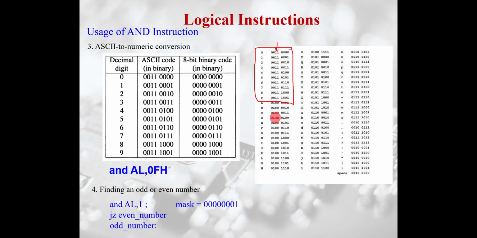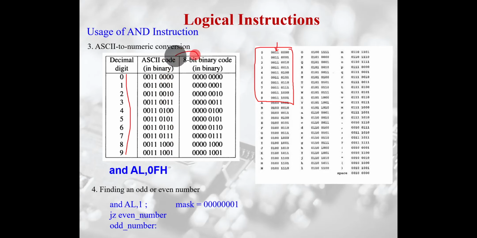Similarly for alphabets, it is prefixed by something else. All the numbers from 0 to 9 in the ASCII code are prefixed by 3, and then the number follows.